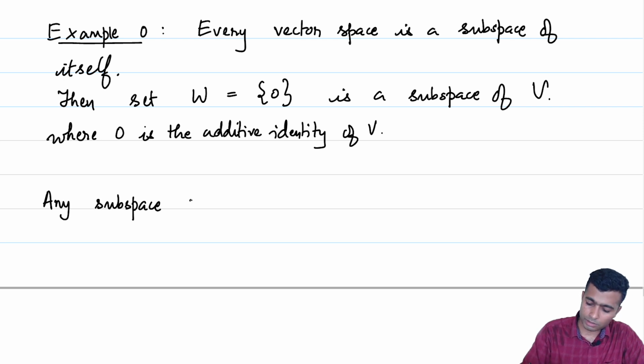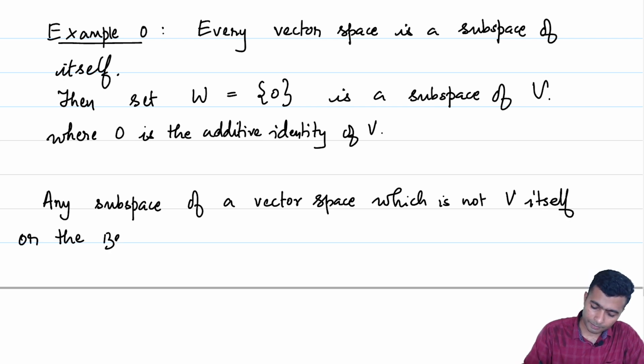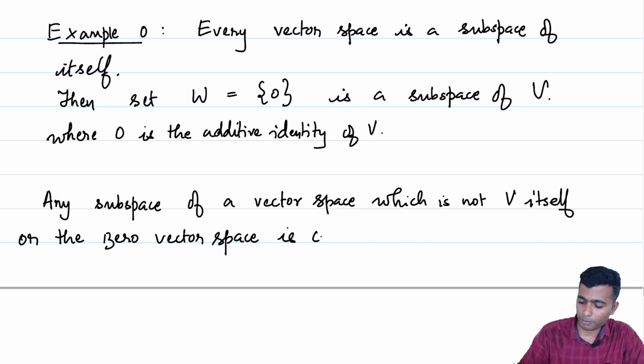Any subspace of a vector space V which is not V itself or the 0 vector space is called a proper subspace.